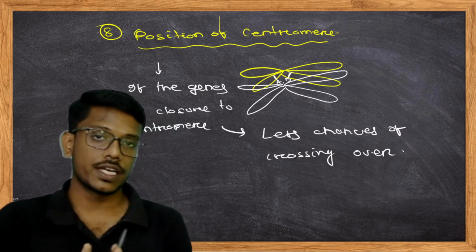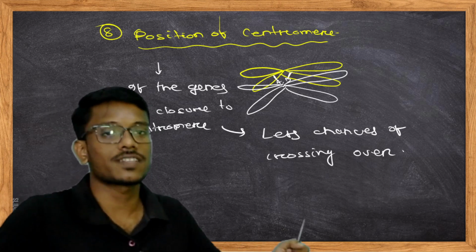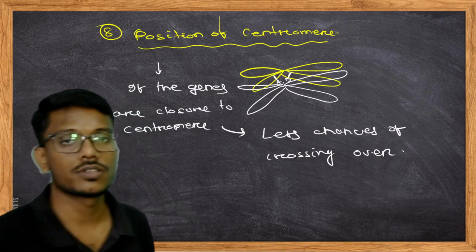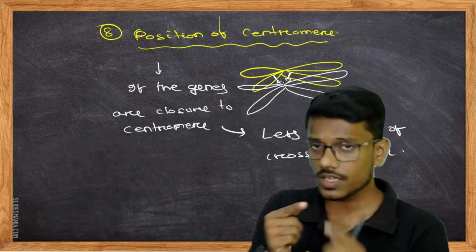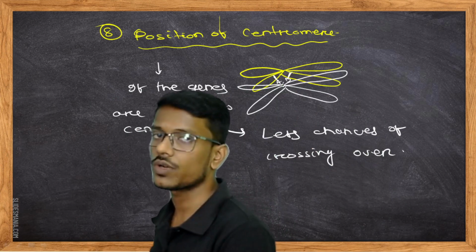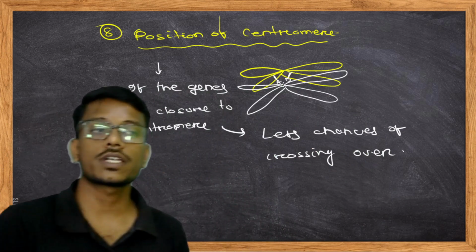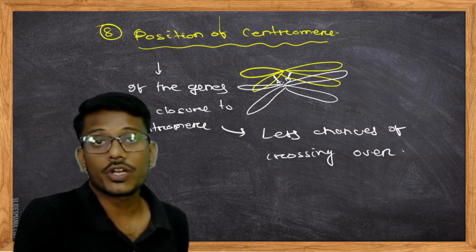But after that, at the diplotene stage, both the homologous chromosomes start separating from each other. During the separation of the homologous chromosomes, there will be occurrence of an X point, that is known as chiasmata. Okay, and on the basis of the number of chiasmata formed between the homologous chromosomes, we have divided crossing over into three types.